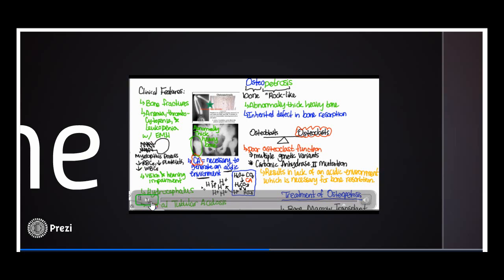Now, clinical features include bone fracture, anemia, thrombocytopenia, and leukopenia with extramedullary hematopoiesis due to the bony replacement of the marrow, which we said is called myelophthisic process. And these individuals present with vision and hearing impairment, hydrocephalus, and renal tubular acidosis, and the treatment is bone marrow transplant.